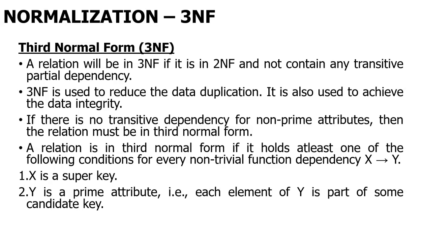No value should depend on any non-primary key. It should only depend on the primary key, which means if I want name, name should only depend on ID. It should not depend on phone number or email ID. If it depends on such attributes, then I will say it is a transitive dependency. Such transitive dependency should not happen in the third normal form.